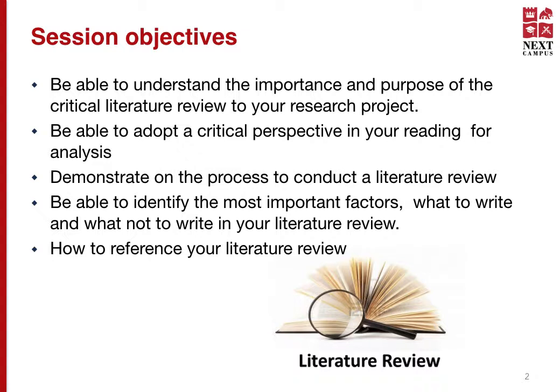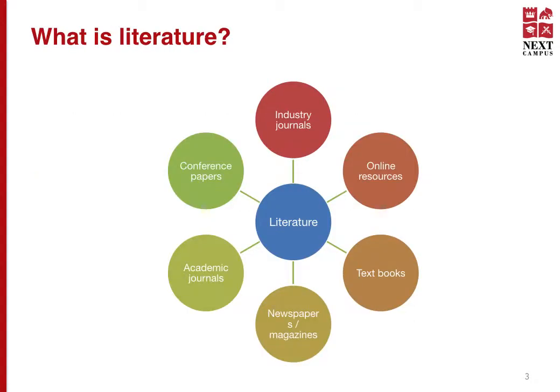Let's start with looking at what is literature. Now, literature can be many types of already available material. It could be industry journals, various online resources like blogs, websites, published material on the web.